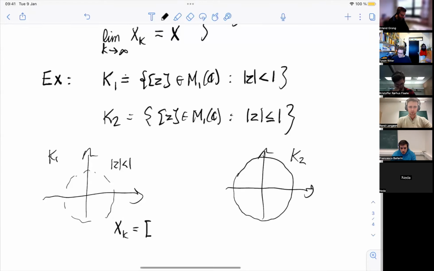If I now take xk to be 1 minus 1 over k, this can escape K1, but not K2.